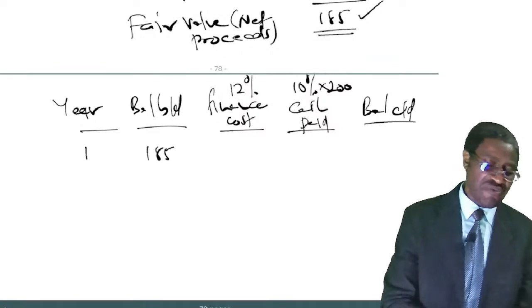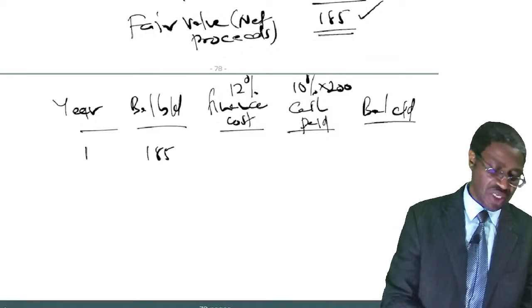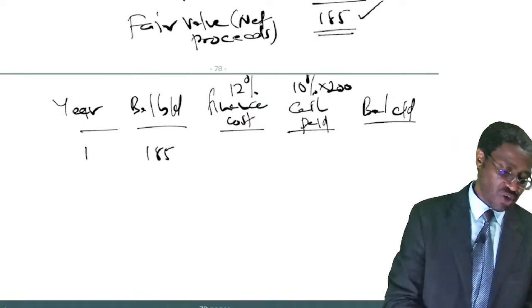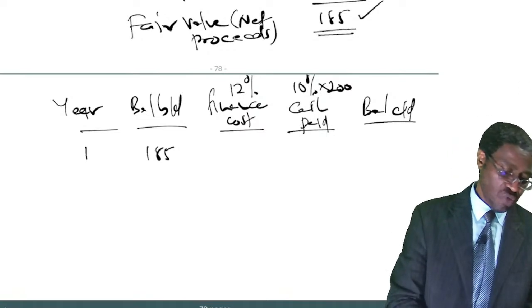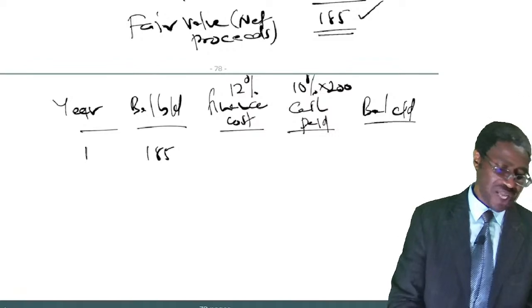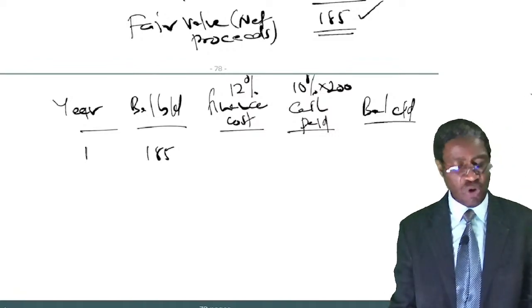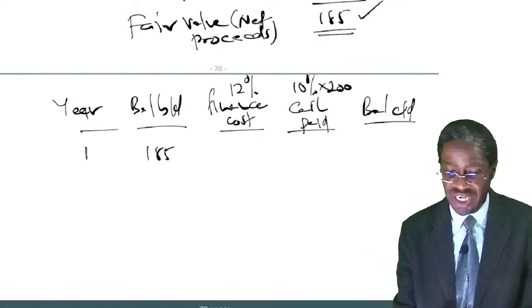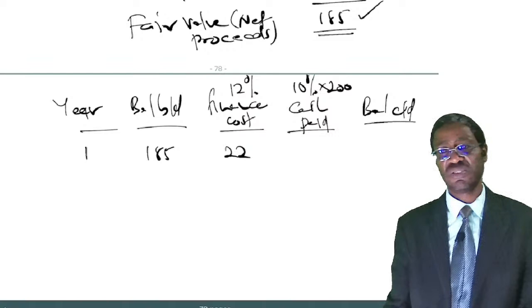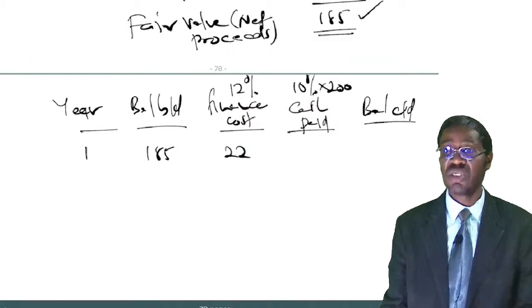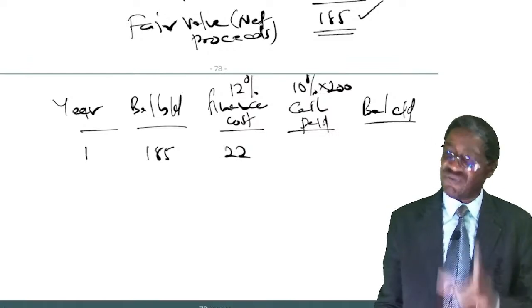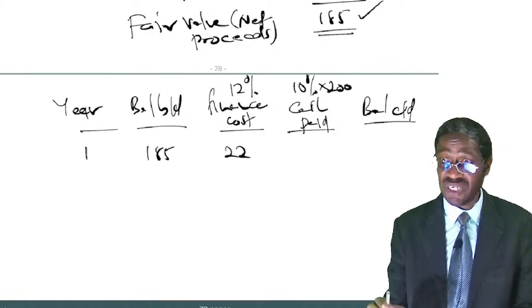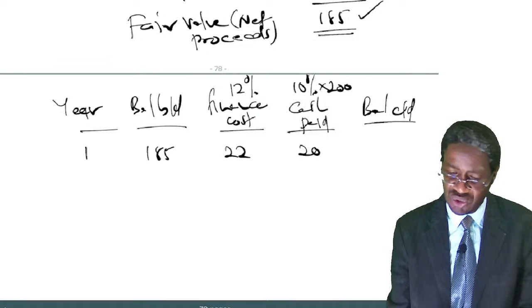So 185 million is the fair value initially, or the liability initially. Multiply that by 12%, and 12% of 185 million gives me 22.2 million. For purpose of illustration, let me assume 22 million. Cash paid, I have told you, is 10% of the nominal, which comes to 20 million.